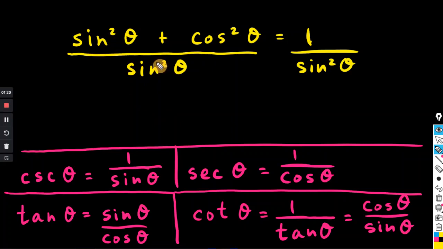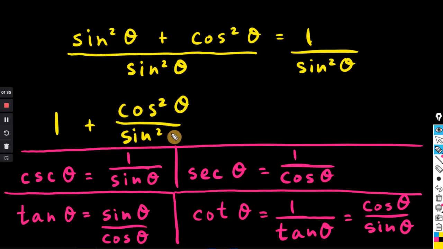Sine squared divided by sine squared is just 1. And this here is going to be cosine squared of theta divided by sine squared theta. And that is going to equal 1 over the sine squared of theta.